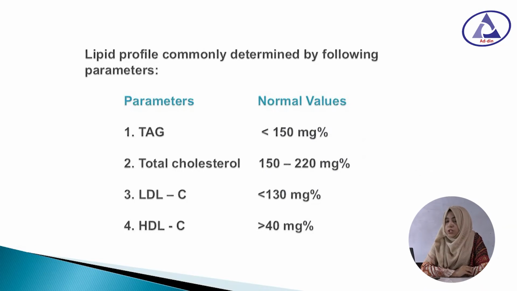So, the parameters of lipid profile are: triacylglycerol should be less than 150 mg%, total cholesterol should be between 150 to 200 mg%, low density lipoprotein cholesterol should be less than 130 mg%, high density lipoprotein cholesterol must be more than 40 mg%.